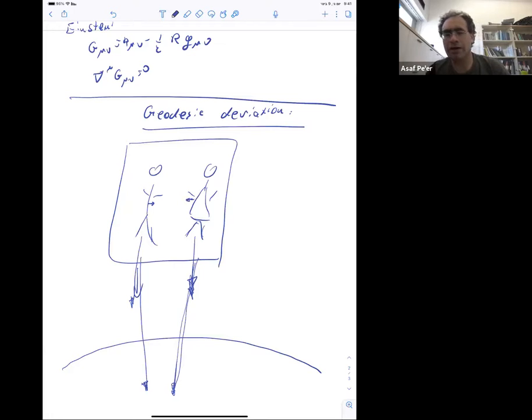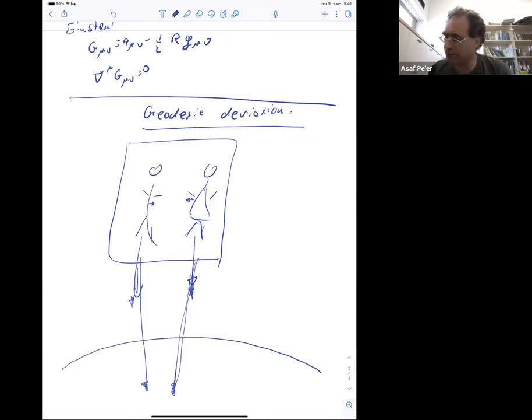So if they wait long enough, on their journey to the center of Earth, they will measure that they are slowly getting closer to each other. This should be enough for them, assuming they're clever enough, to tell that they're actually not floating in space, but rather subject to the gravitational field. The technical term for that is geodesic deviation.